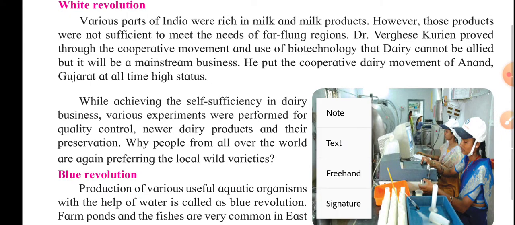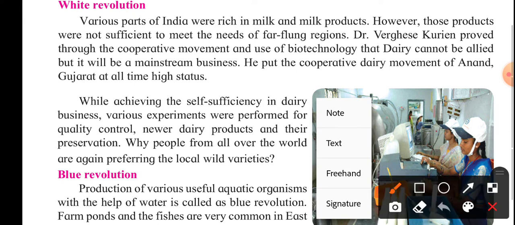Next was the white revolution. Various parts of India were rich in milk and milk products. However, those products were not sufficient to meet the needs of far-flung regions. Dr. Verghese Kurien proved through the cooperative movement and the use of biotechnology that dairy need not be only an allied business but can be a mainstream business.